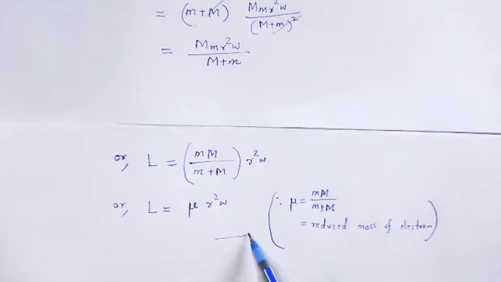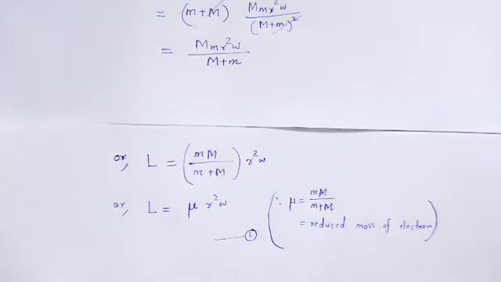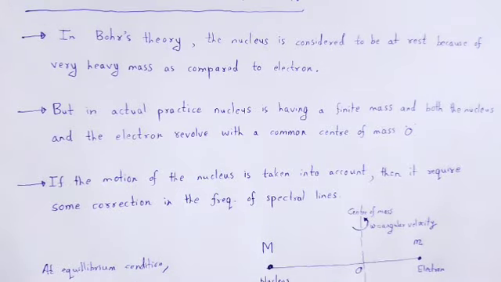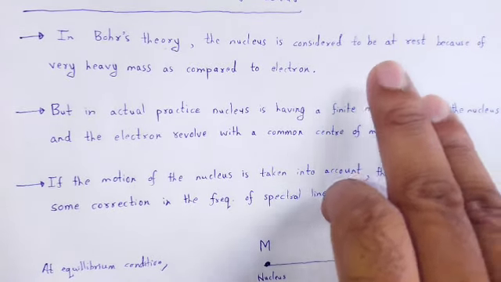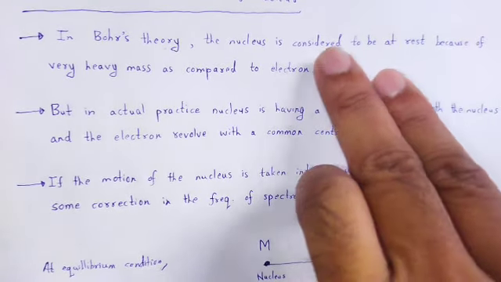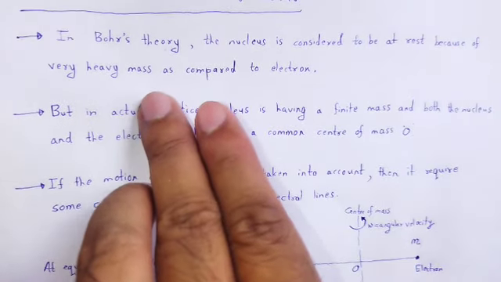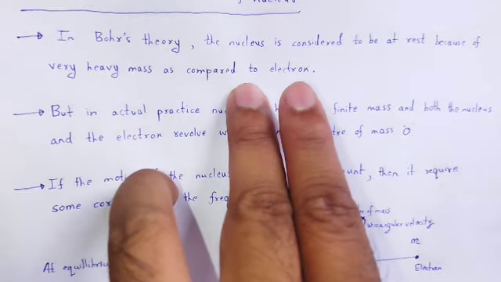Equation number 3. First, we say that the nucleus at rest due to its heavy mass as comparison to that of electron.